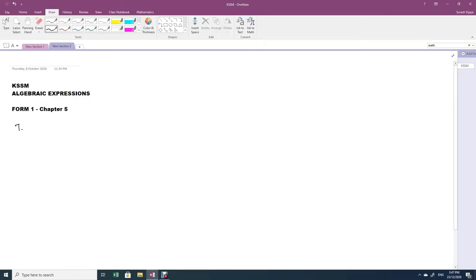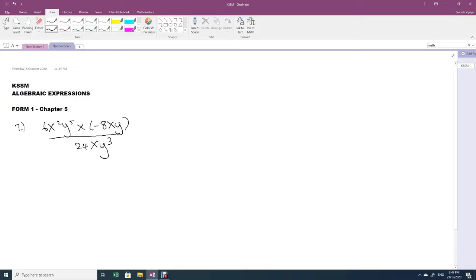It's a mixed operation of multiplication and division. So let's start with the first part. We have 6x to the power of 2, y to the power of 5 times negative 8xy divided by 24xy to the power of 3. This is question 7a.